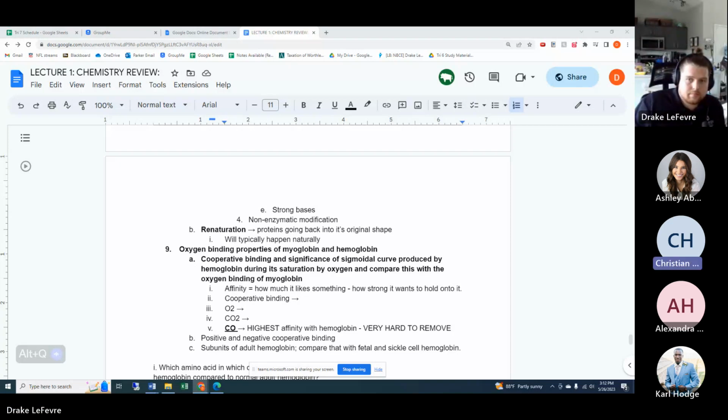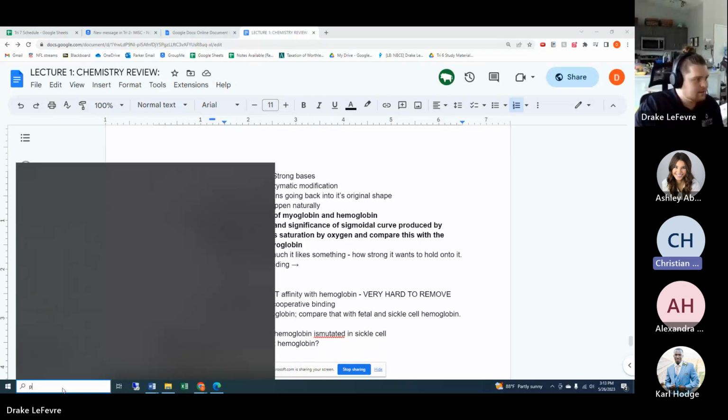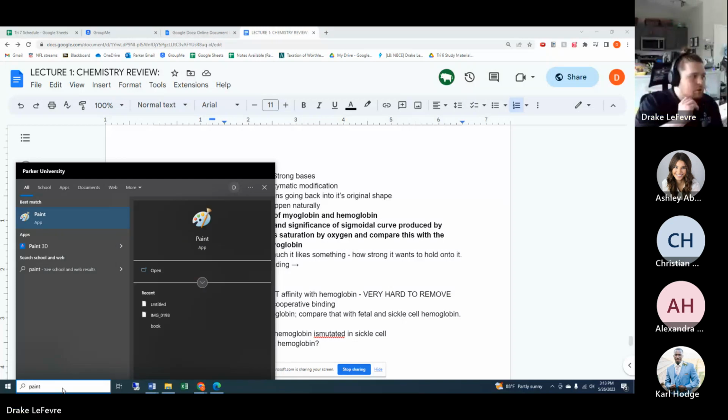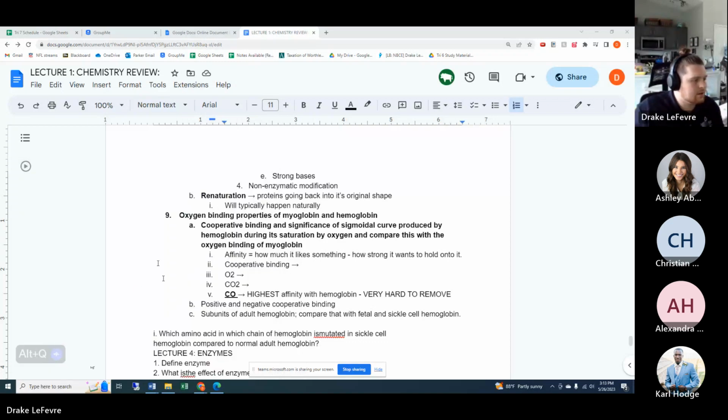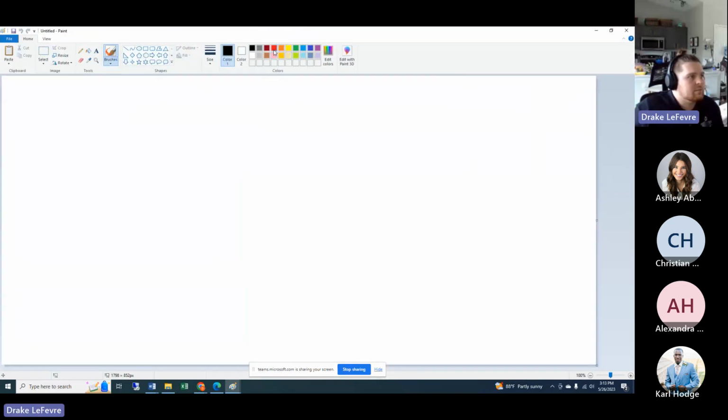Is it the oxygen binding to the hemoglobin, and if it binds to one side, then it's more likely to bind to the next one, and then more likely to bind to the next one? Very good, perfect. So you can almost think of it like a chain reaction. So when we talked about hemoglobin, right?